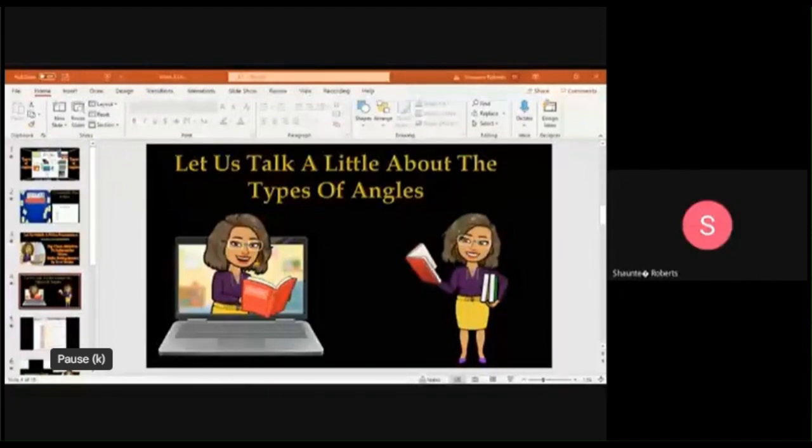Think about it. 89 degrees. Because remember that the acute angle measures more than 0 degrees but less than 90. And the number that comes before 90 is 89.